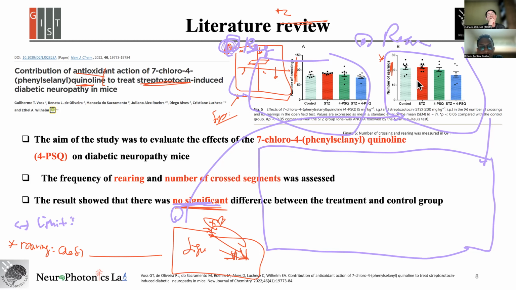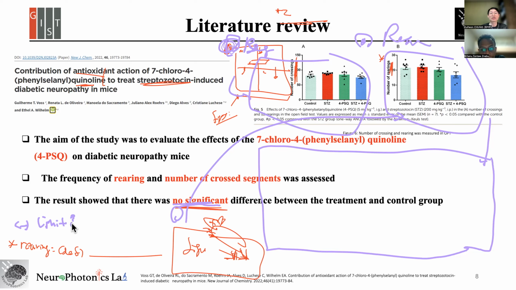In the other study, they also showed significant difference. And also total distance and velocity. In the other one also, they showed significant. This indicates that maybe it is an inconsistent result with these behaviors.